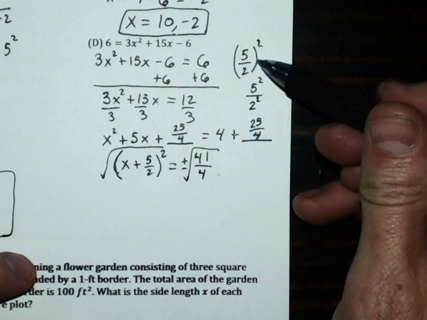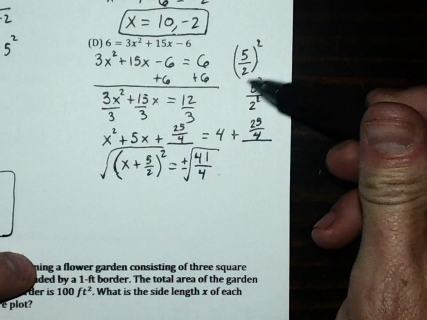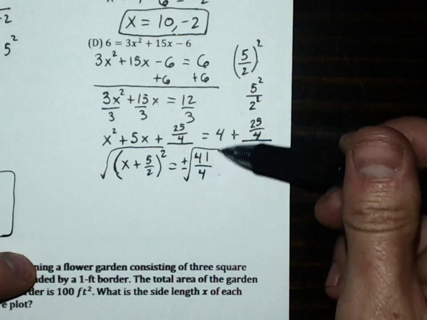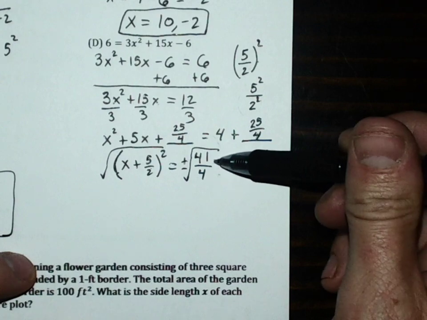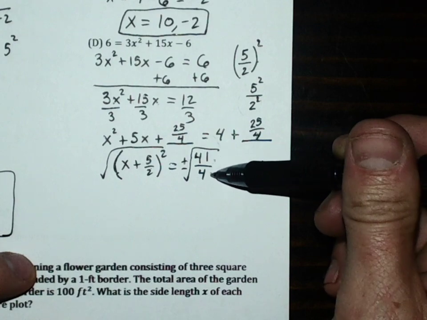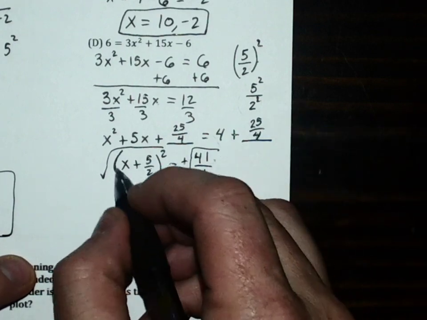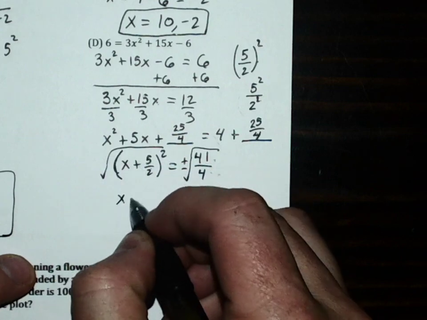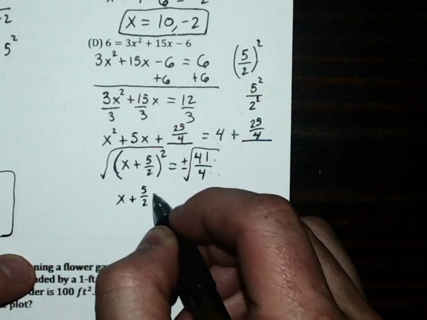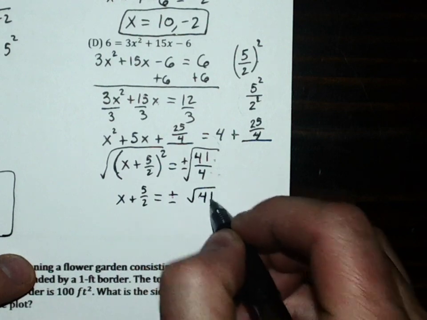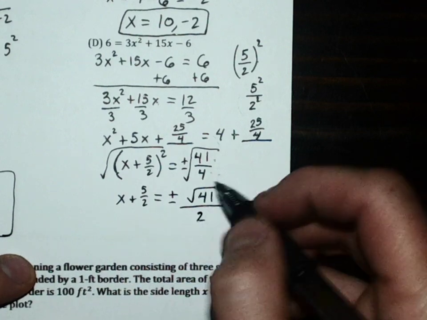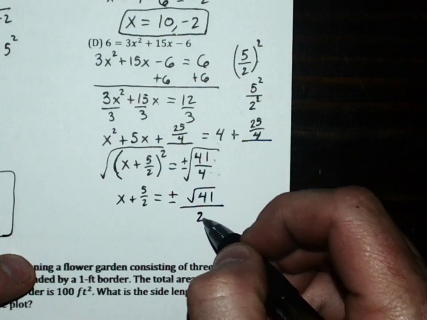Just like I squared a fraction by squaring the top and the bottom, I can square root a fraction by square rooting the top number and square rooting the bottom number. So the square cancels out the square root, leaving just x plus 5 over 2 equals plus or minus the square root of only 41 now, and the square root of 4 is 2.